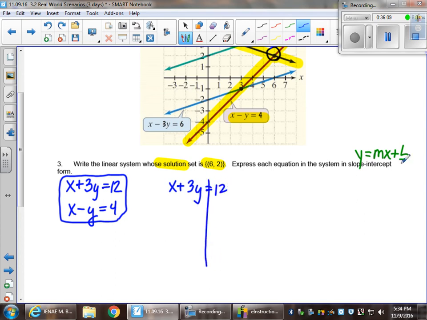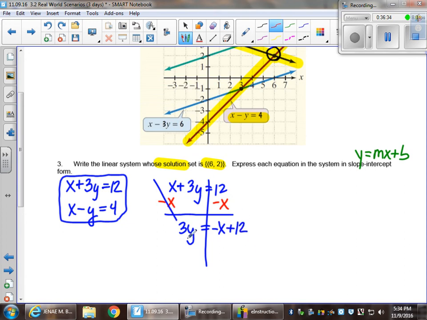To get y equals mx plus b, we are going to solve for y. So coming over here, what needs to move? I have to solve for y. We can use subtraction to move x. So I'll subtract x from both sides. That gets me 3y equals negative x plus 12.